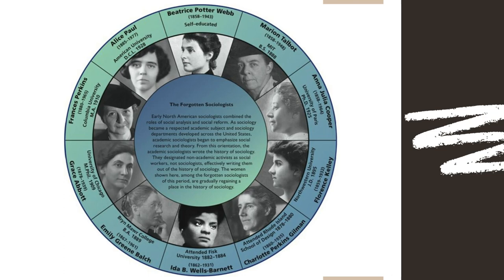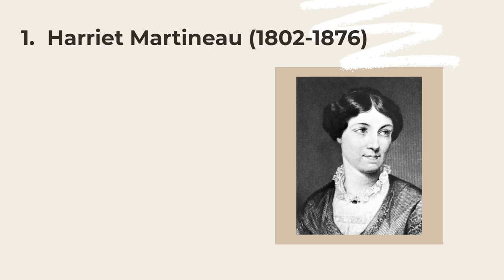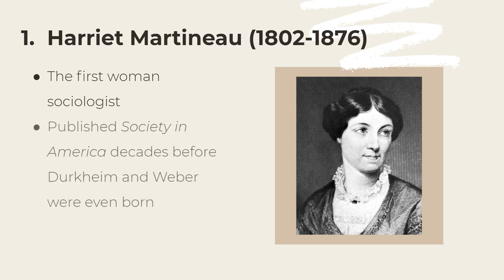So here is a wheel of some of the particularly women sociologists that I added to the slide, so that way you can look at and research a bit more about these phenomenal women sociologists. I'd like to focus particularly on two women. One is Harriet Martineau, who is considered the first woman sociologist.